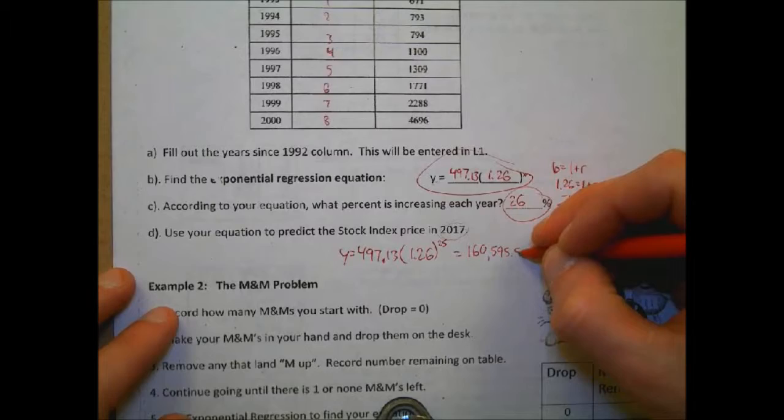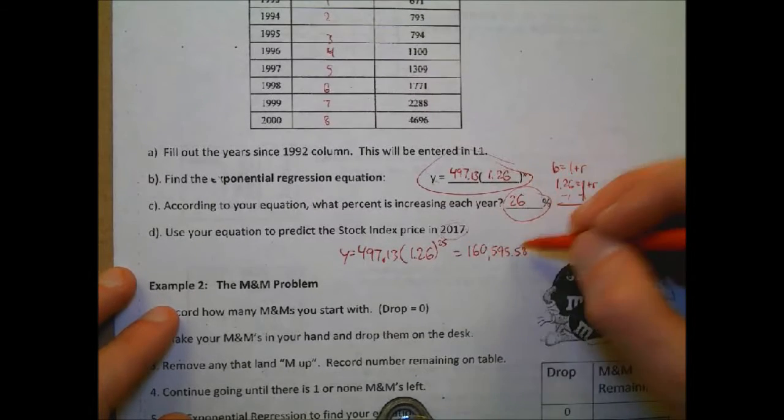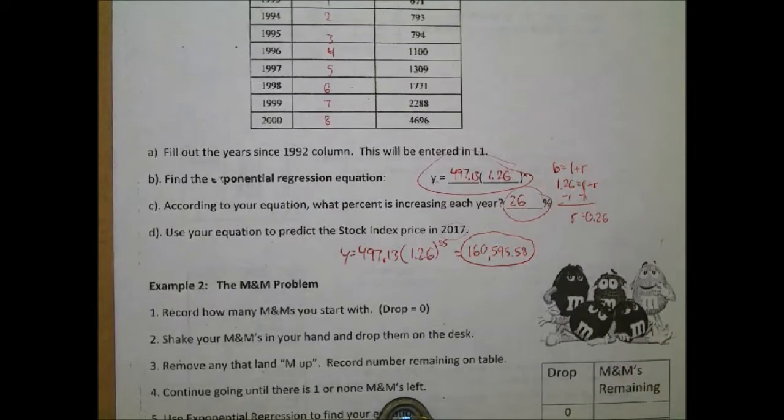160,595,000.58. And that is inaccurate, because the very next year in 2001 we, of course, had the attack on the World Trade Center, and I think the stock market took a dip. And then things stayed down for a little while.